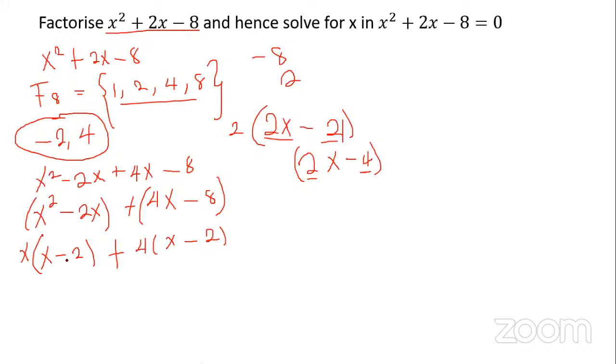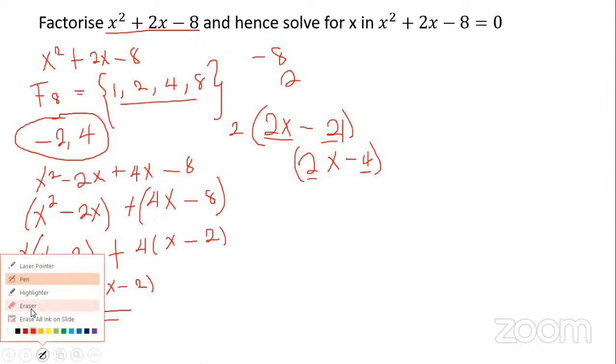So what do we do? We shall have x plus 4 in brackets, then brackets x minus 2. And this would now be in a simplified form, and it is now factorized.